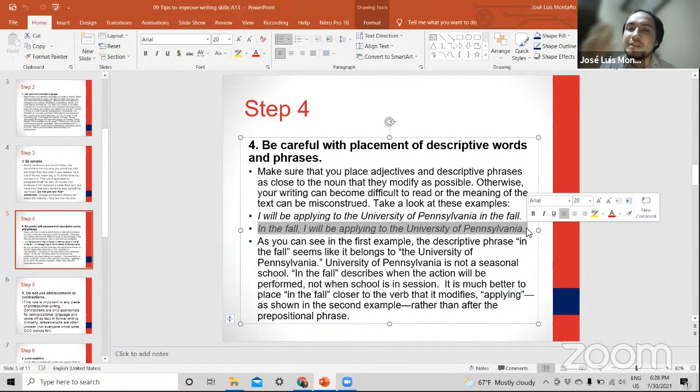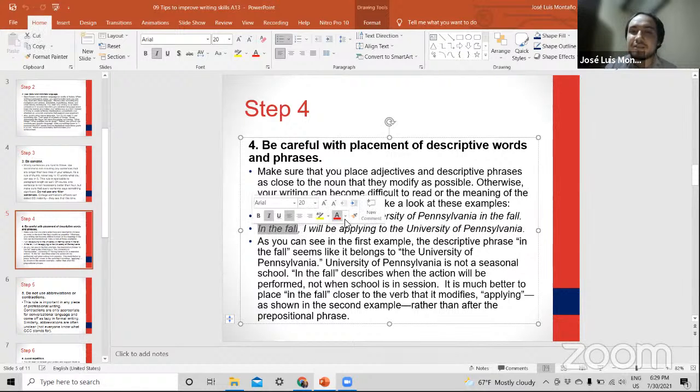And if you place one of the ideas at the end of that sentence, it's going to be too far from the subject, from the main verb, right? So a good idea is to use that, all right? That the description, that phrase that is going to mention either place, is going to mention time, is going to mention manner, perhaps.